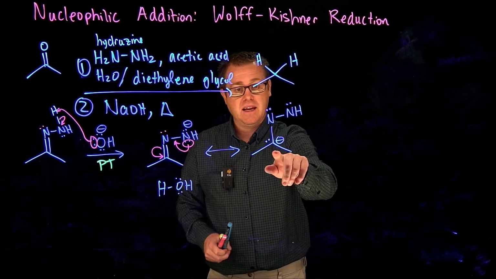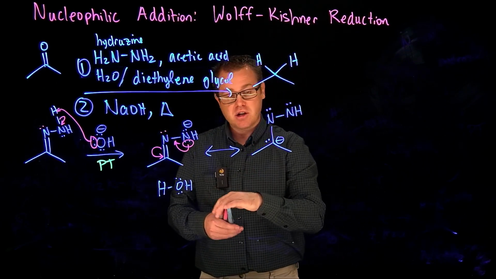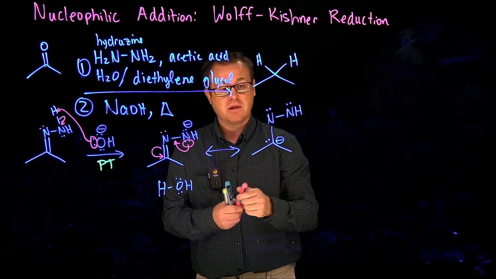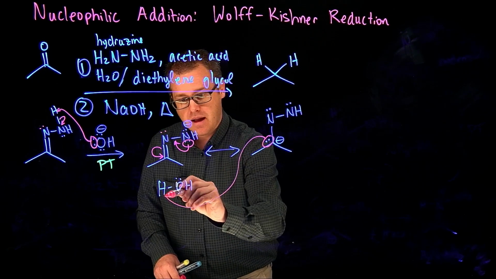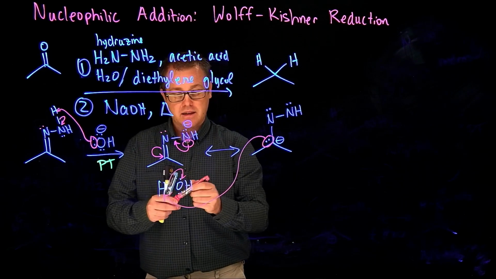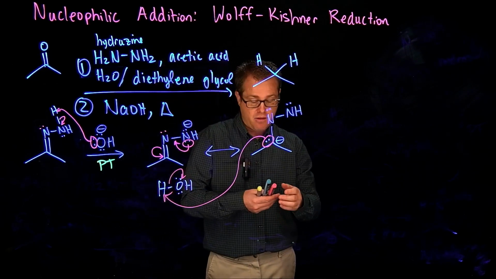So now we see that we have a negative charge on that carbon there. So we can say, okay, we're going to take that lone pair there and grab that acidic proton on that water molecule.